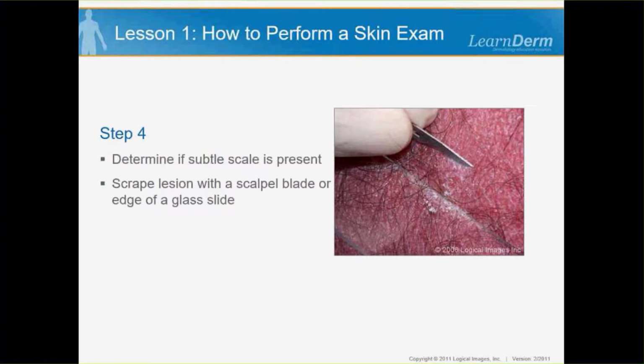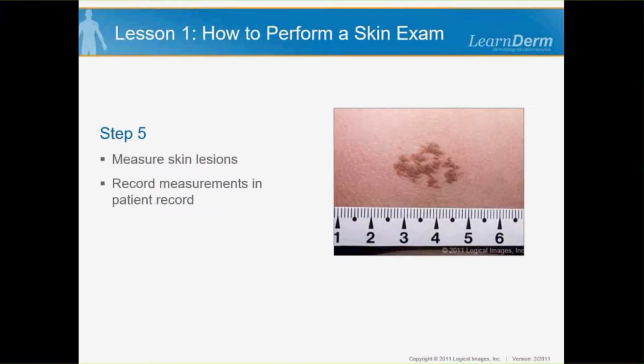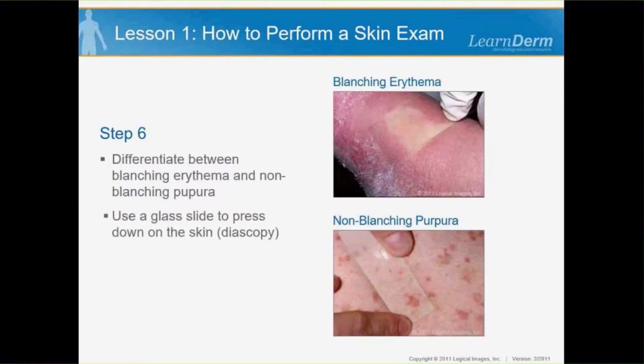Scraping with the edge of a glass slide or a blade to get at scale is an important feature of the skin exam, as well as measuring. So when you chart your patient, it's really important to measure lesions and put it in the record. And then there's a technique called diascopy, which means looking through, where you press with a glass microscope slide or with your finger to see if the skin blanches.